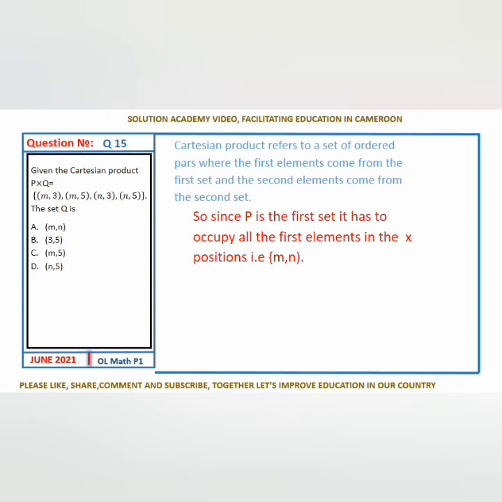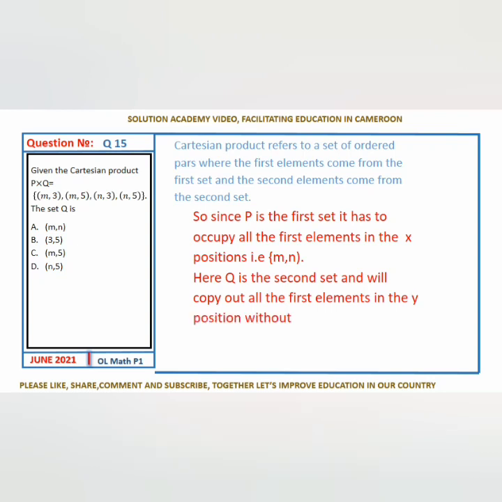Also, Q is the second part of the Cartesian product, so it has to occupy all the second elements, the y positions, and make sure you don't repeat. If a number is repeating itself, you don't repeat it. So the second positions, which represent y, are simply 3, 5, 3, 5.